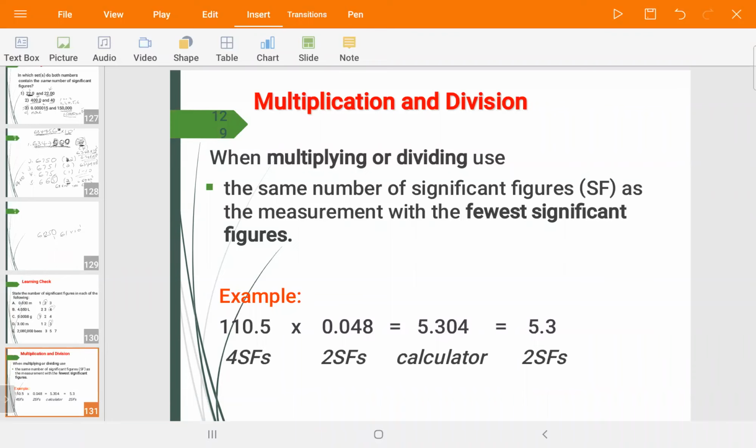Now when multiplying or dividing, remember, for example, density is mass over volume. If this is 42 and this is 2, what should our answer be?